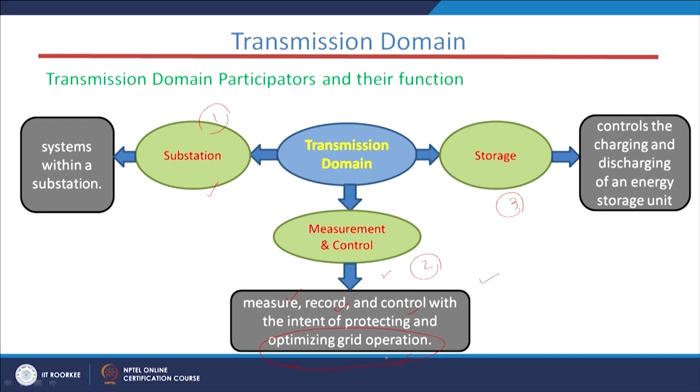In that case, we have to have a very secure, very reliable measuring system, recording system and control system. And of course, overall we have a very reliable and accurate protecting system inside the transmission domain.